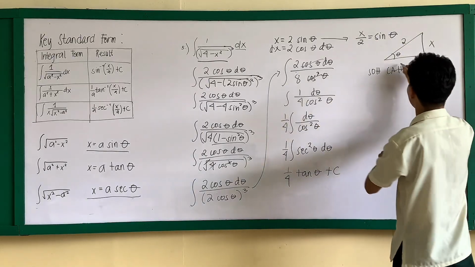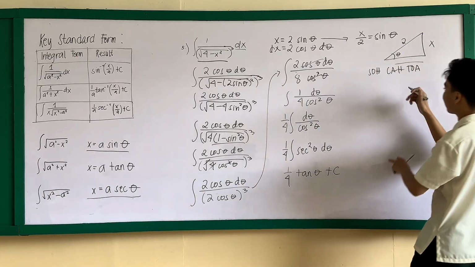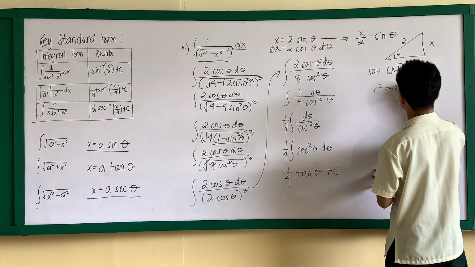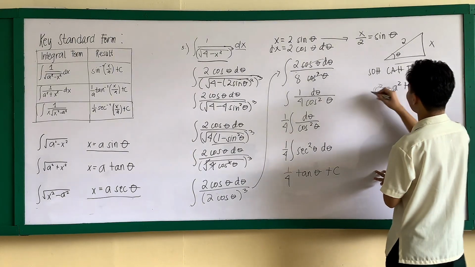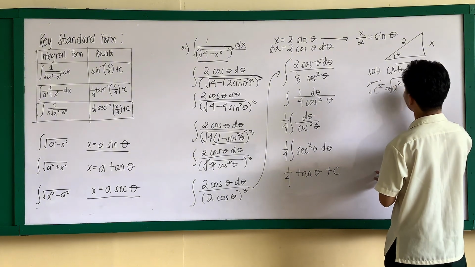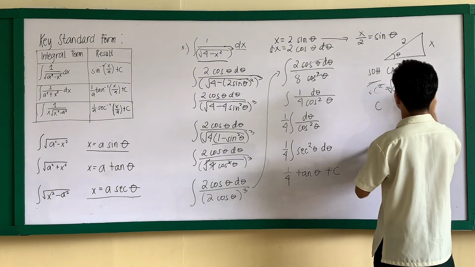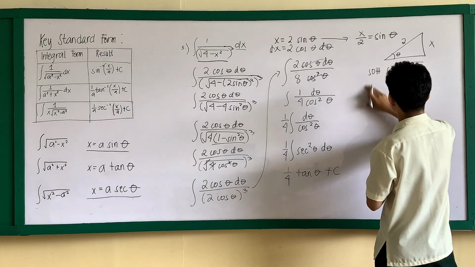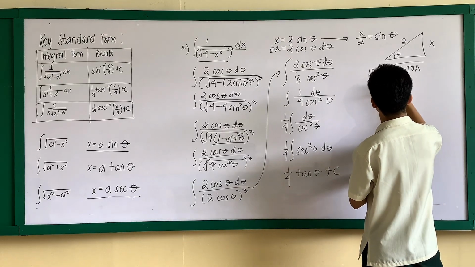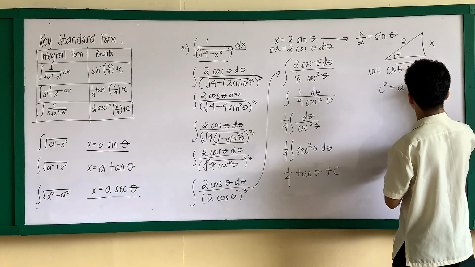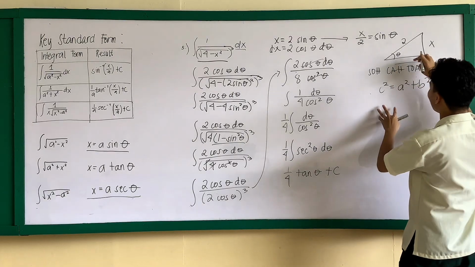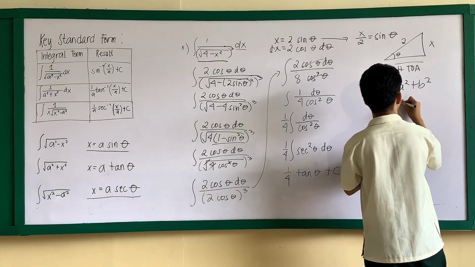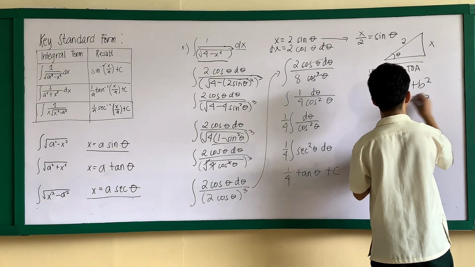So next we need to find the value of the adjacent. To find that, we need to use this. Wait, we need to transpose the b. To find the value of the adjacent, b squared is equal to c squared minus a squared.